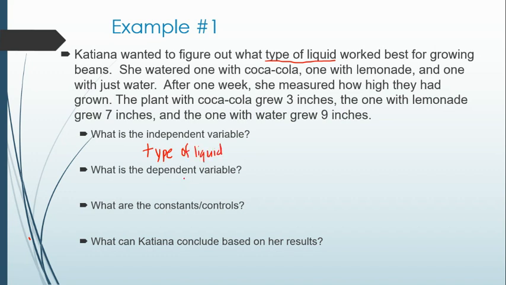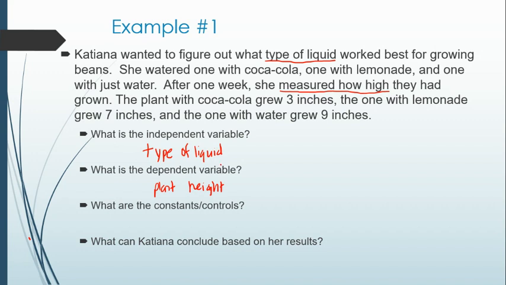Remember, dependent variable is what changes in response to the type of liquid that she's changing. You could ask yourself, what is trying to be measured in this experiment? And she's measuring how high the plant grows. So plant height is going to change in response to her type of liquid.